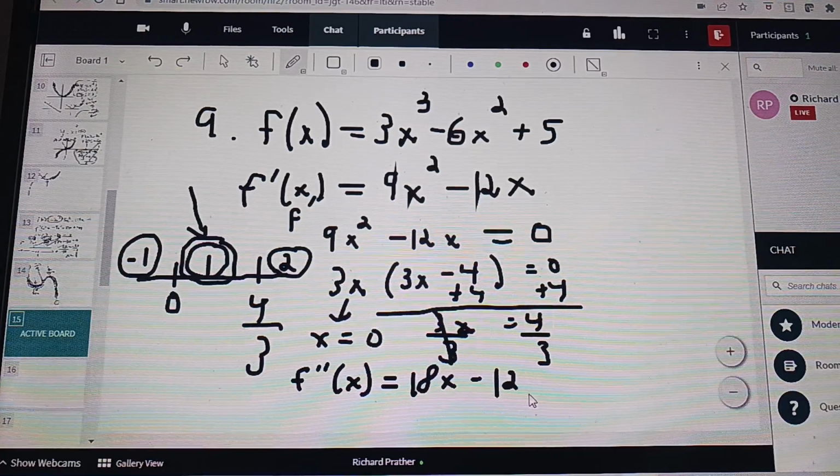If I were to work with 18x minus 12 and set it equal to 0, I could search for inflection points, and I can tell when the graph's concave up and when it's concave down. But I'm not doing that on this problem. What this problem wants is really what section 5.2 asked: is there any relative max or mins?